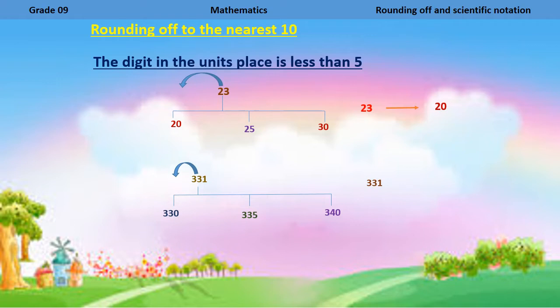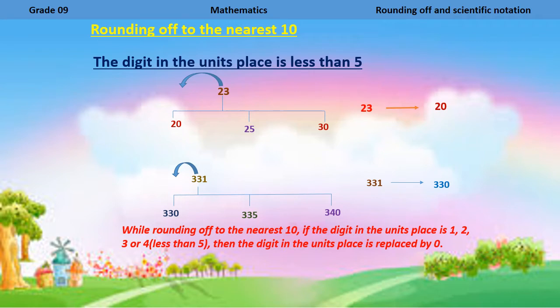Then when we round off 331 to the nearest 10, the answer is 330. Here you have to remember, while rounding off to the nearest 10, if the digit in the units place is 1, 2, 3 or 4, then the digit in the units place is replaced by 0.